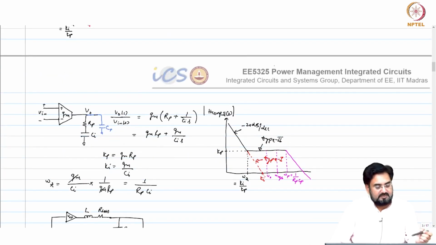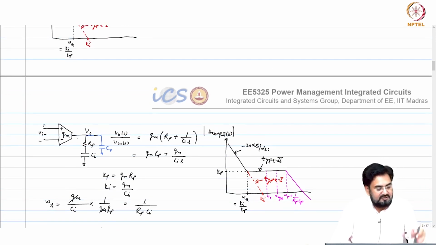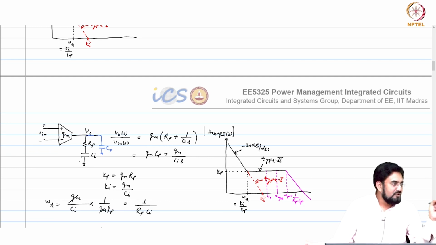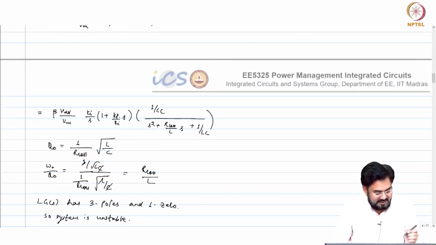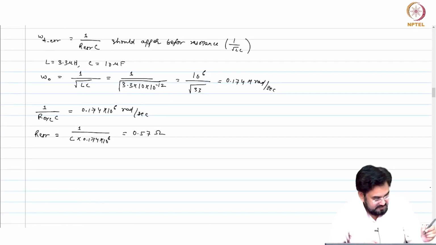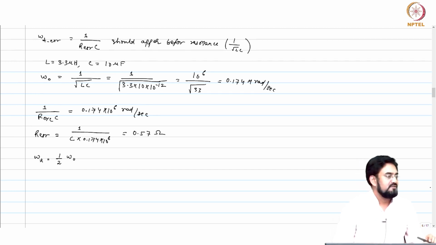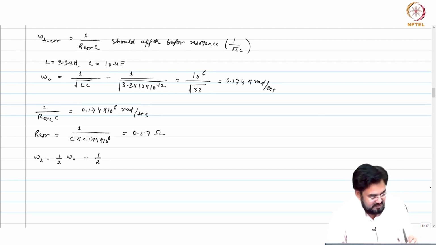Okay, and the assumption you have to make, because there are so many unknown components here, is either you fix the GM, once you fix the GM, then CI will decide your integral gain, and 1 over RP CI will decide the 0 location. So let us say I want to put omega z equal to half of omega naught, which means half of square root 1 over LC.